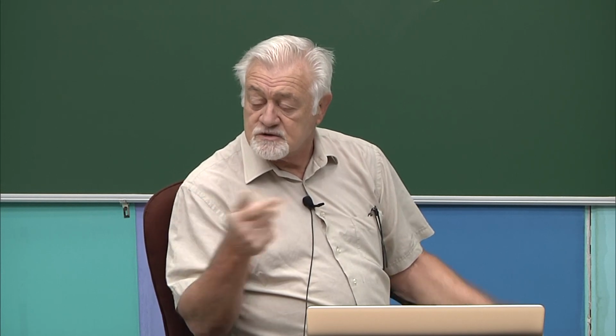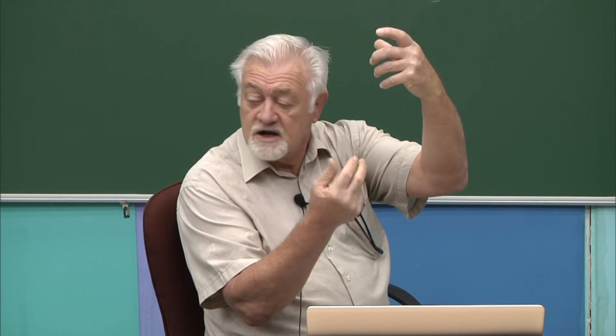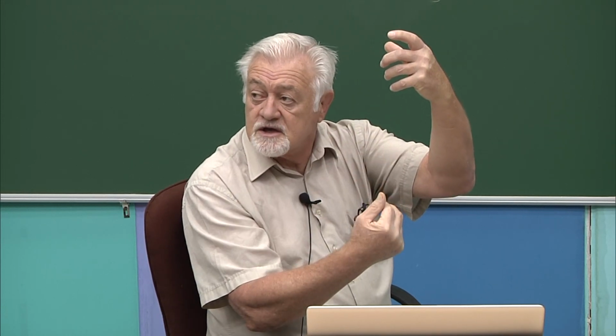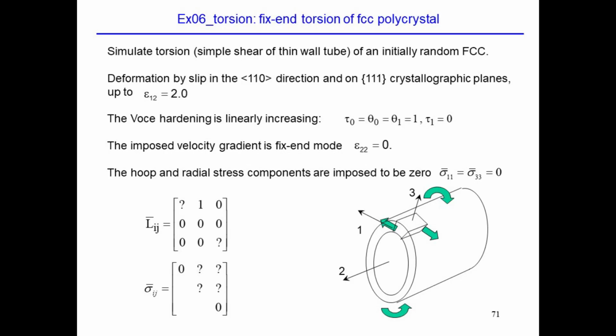And he couldn't really explain why, because the concept of texture was not present. The reason why the wire of Swift, that is called the Swift effect, was changing length is because as it developed texture, the material tends to activate systems in such a way that in addition to accommodating the torsion, it is also giving you a component of changing length. This is what this problem will lead to.